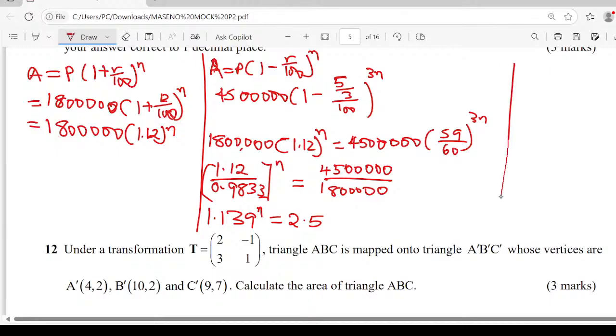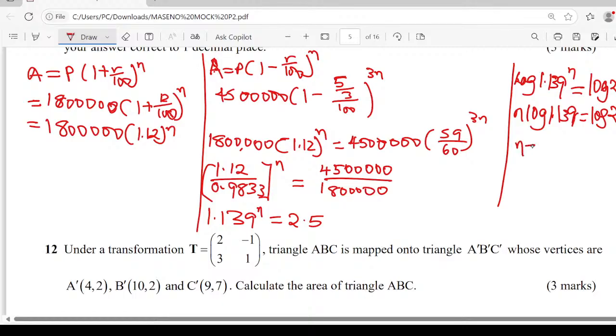I can now introduce the logs here, whereby I say log 1.139 power n should be equivalent to log 2.5. So this will mean n log 1.139 will be equivalent to log 2.5.